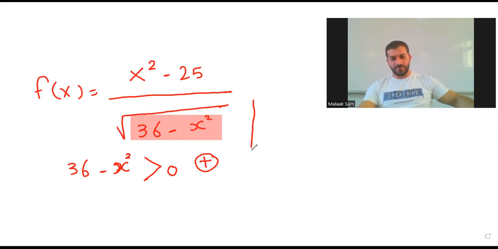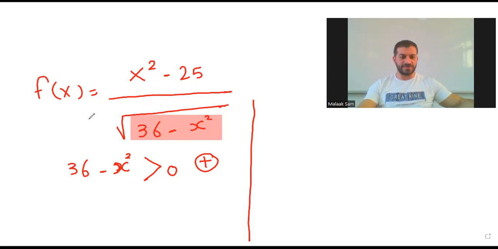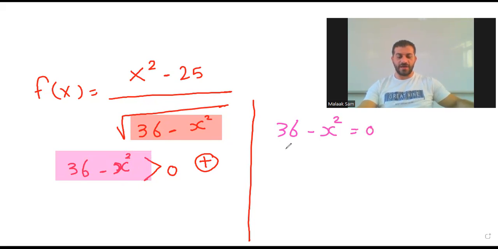So how can we determine the sign of 36 minus x squared? Firstly, put 36 minus x squared equals 0, and then factorize: 6 minus x and 6 plus x equals 0.